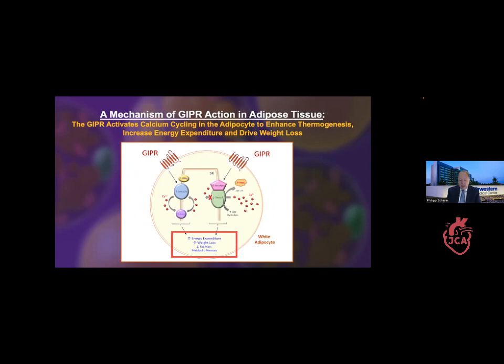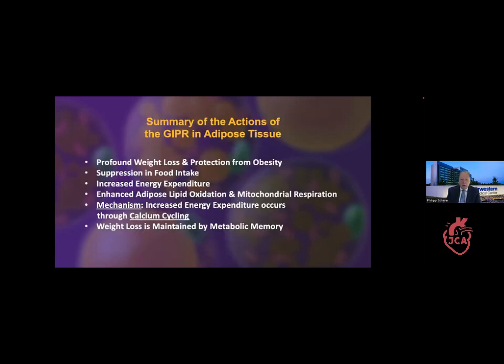So energy expenditure goes up. We have an interesting set of observations that can phenocopy the effects of these new dual agonists in the system. As you know, the next generation of triple agonists are already coming up and are in clinical trials.